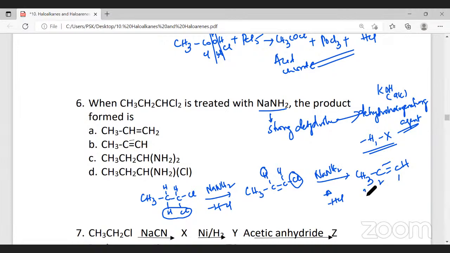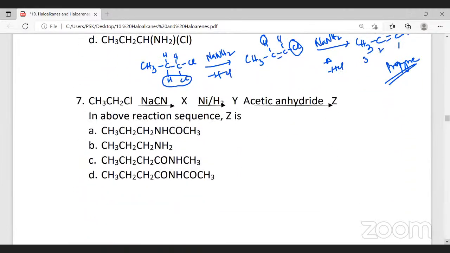So 1, 2, 3, the molecule name will be propyne. The answer for this question will be option B, propyne. All right. Now, coming to the next question.